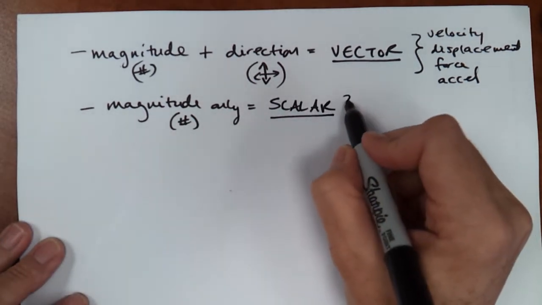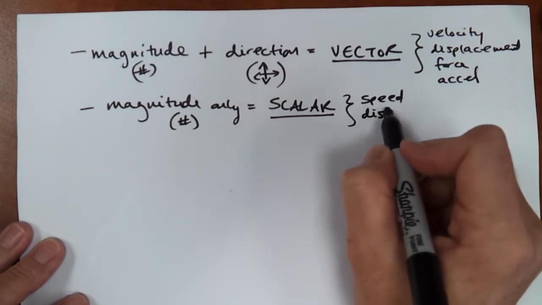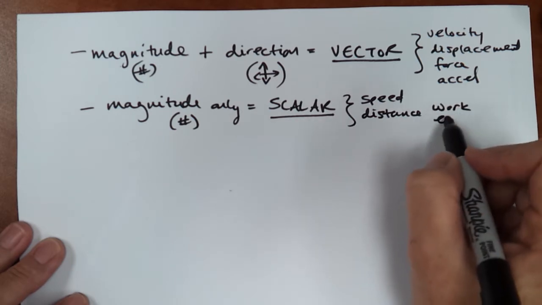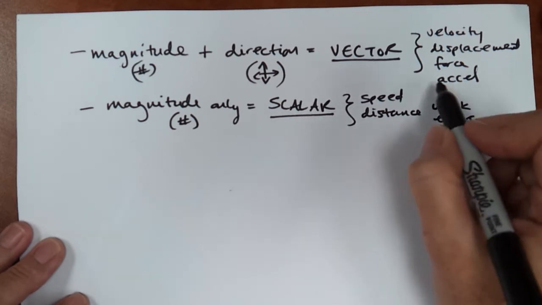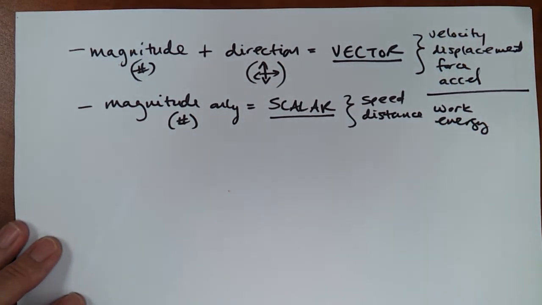And a scalar might be speed, distance, work, energy. Those are some of the scalars that we have talked about this year.